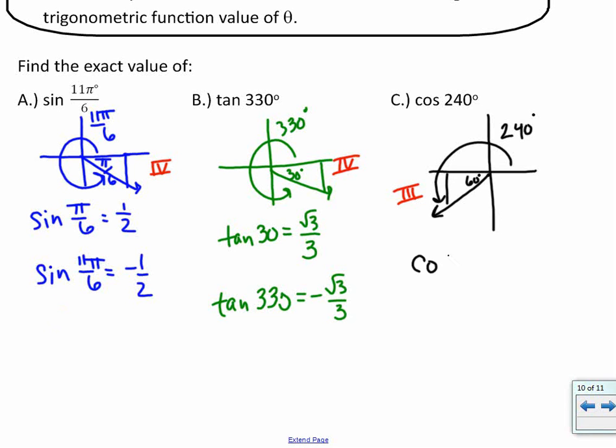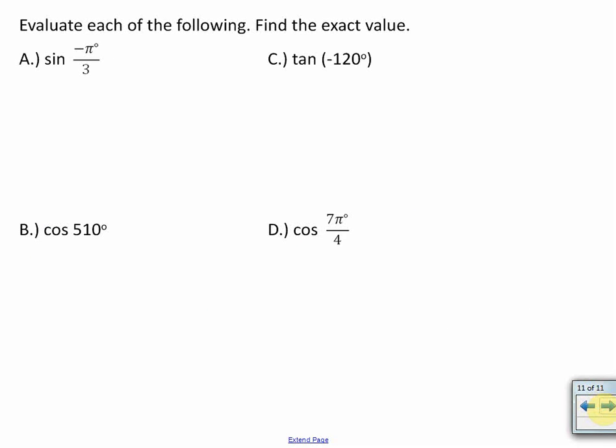So I want to find the cosine of 60, which if I look at my unit circle or exact value chart, cosine of 60 is 1/2. Since it's in the third quadrant, the only trig function that's negative in the third quadrant is tangent, and I want the cosine, which means that my value for cosine of 240 is going to be -1/2.